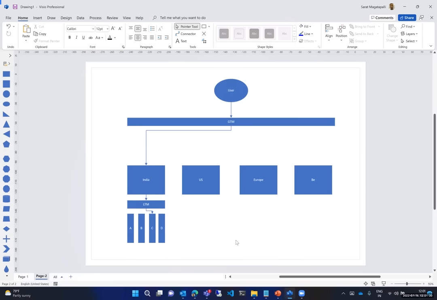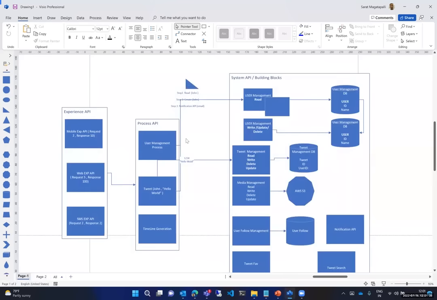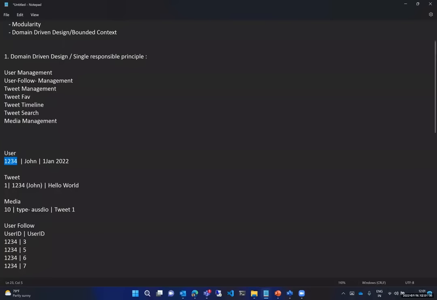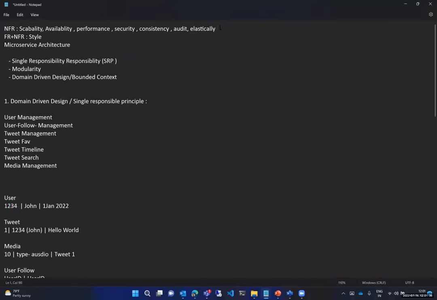This is all quite complex, so you need to have the right monitoring tools. As an architect, after designing all this, one of the important non-functional aspects, which we might have talked about earlier, or maybe I did not mention, is that we need to monitor and maintain. We are supporting a number of customers. A customer will say, hey, my tweet is not accessible, something like that. So we need to have supporting monitoring as well.